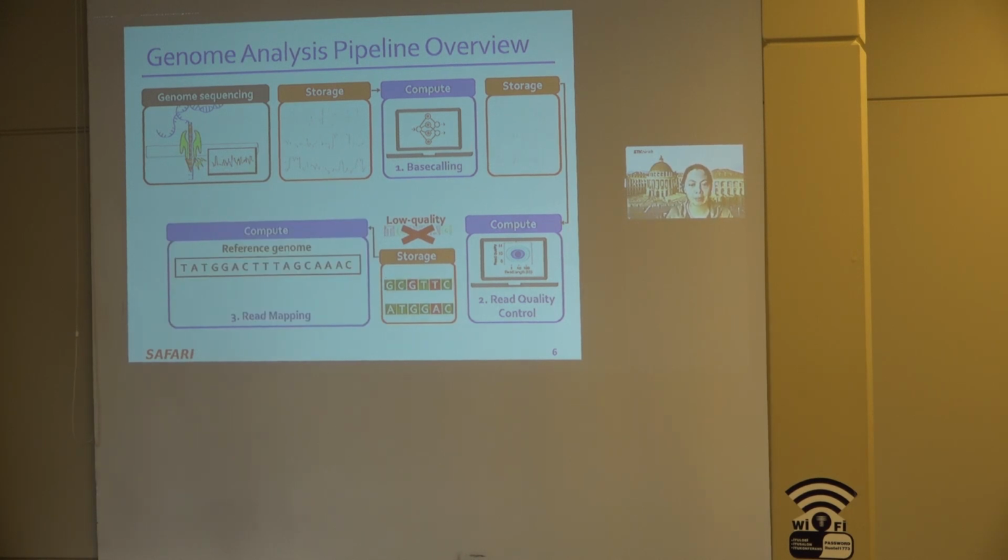In read mapping, we compare the read to the reference genome to see if it can be mapped to the reference genome or not. If it cannot be mapped to the reference genome, then we discard it. If it can be mapped, then we store the mapping result in the storage.